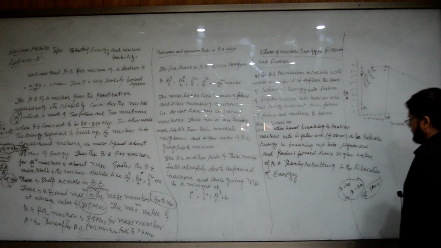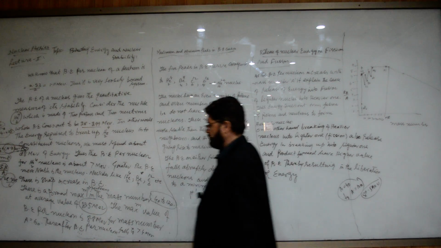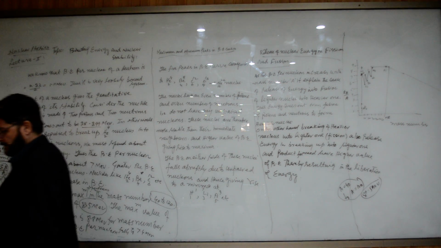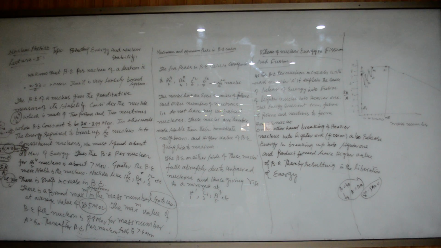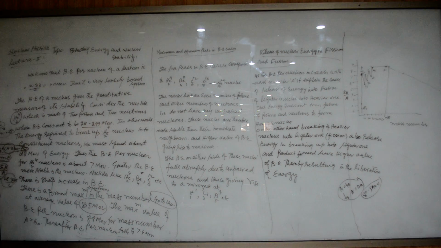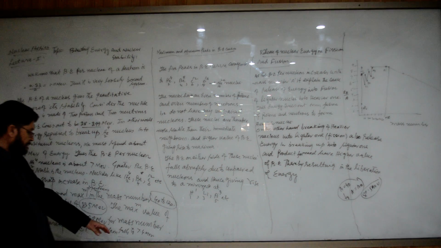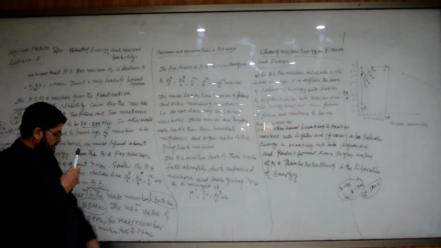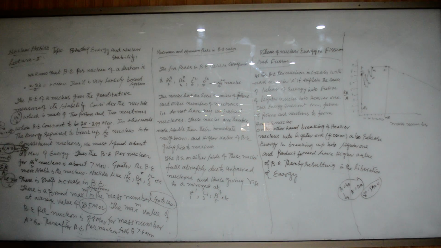So the maximum value of the binding energy per nucleon is 8.8 MeV, and the majority of nuclei have a binding energy per nucleon of 8.5 MeV. And later, as the mass number increases, the binding energy per nucleon also decreases.